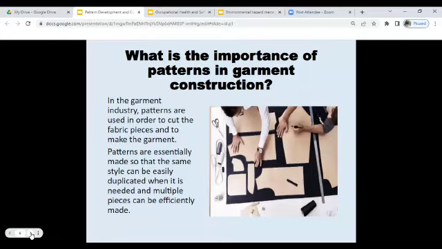Especially in the industry, when they need to make thousands of the same style garments. Imagine a small t-shirt company producing 1,000 t-shirts. Having a pattern is very, very effective because you can cut out 1,000 t-shirts from one pattern instead of having to draw the outline of that t-shirt on each piece of fabric. You already have it, so it's easy to cut it out.